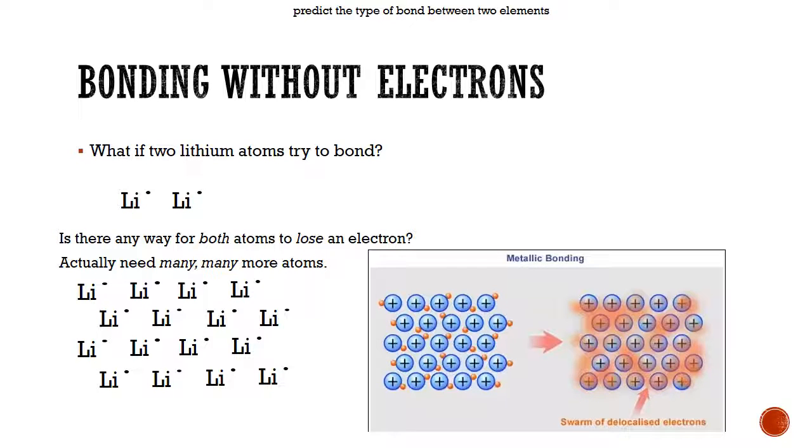And so what we get is something like this picture that you see over here, and of course I will explain. So here on the left, this is kind of what we have to start with, my dot diagram, where the blue plus signs are representative of the nuclei of the atoms, and the red dots you see there are the valence electrons of lithium, or it could be any other metal for that matter.